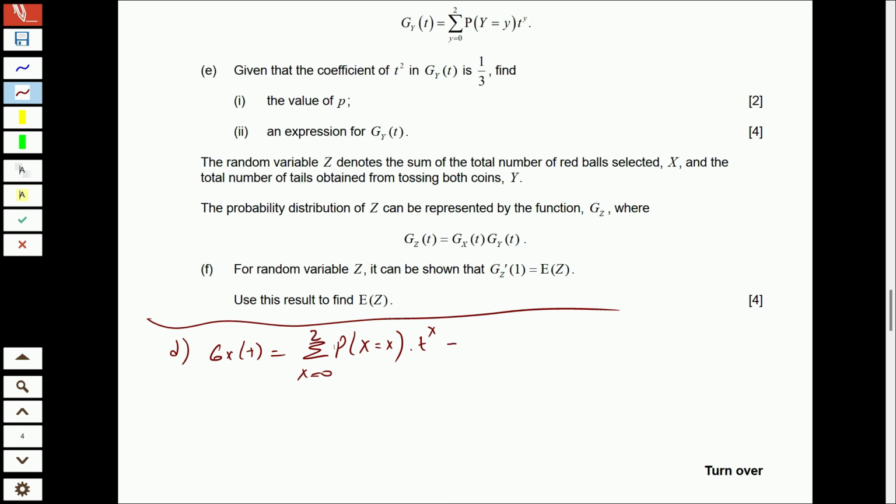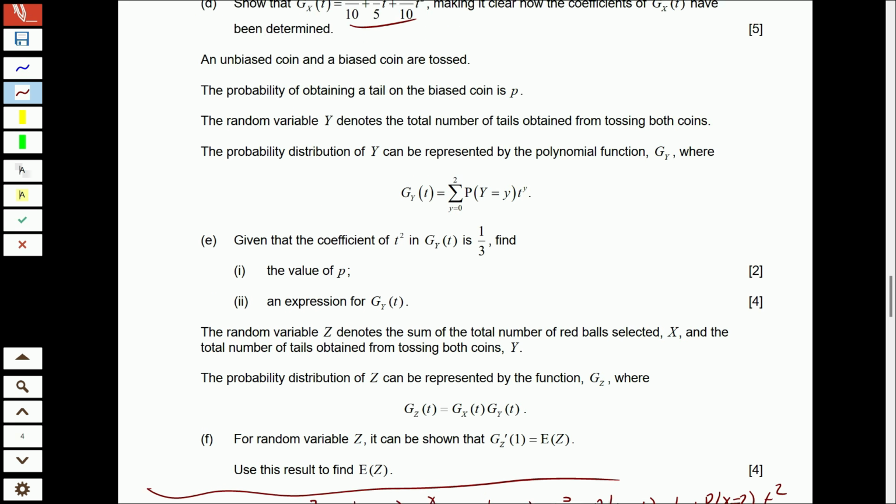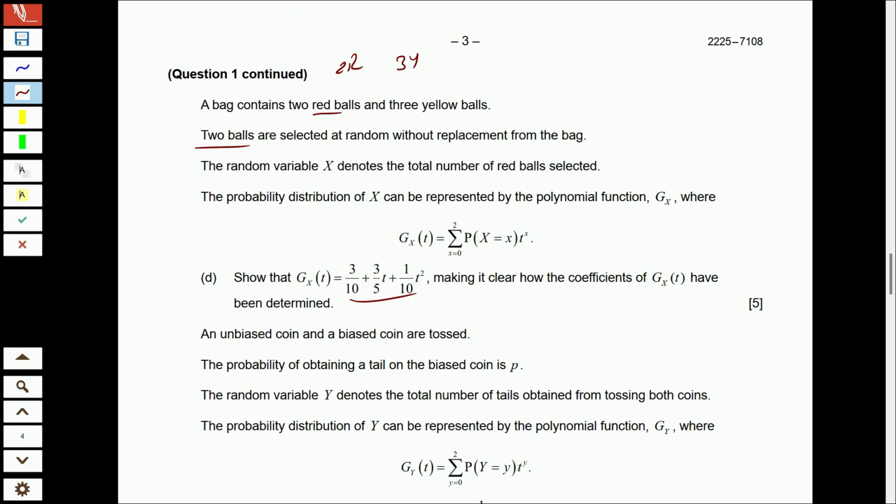For example, when you plug in 0 into this expression, you will see the probability x equals 0 times t to the power of 0. And when you substitute 1, the probability of x equals 1 times t, and the probability of x equals 2 times t squared. So x is the number of red balls selected.